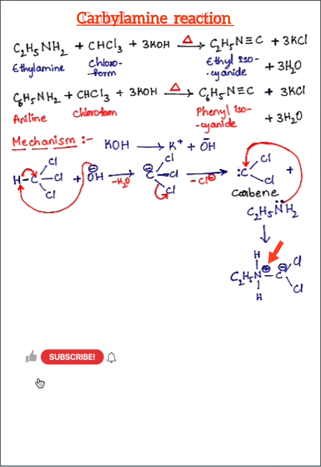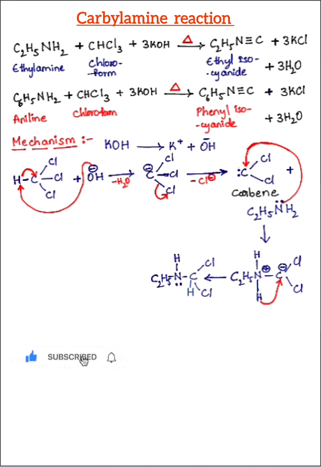Now in order to nullify this positive charge, I will remove this proton. This proton comes out as H+ and satisfies this positive charge. This proton goes and attacks this negatively charged carbon, so you can see a CH bond is formed. Now you can see nitrogen again has a lone pair of electrons on it. So what will I do now? Again I will remove one more Cl-.